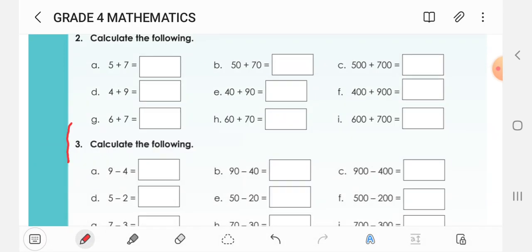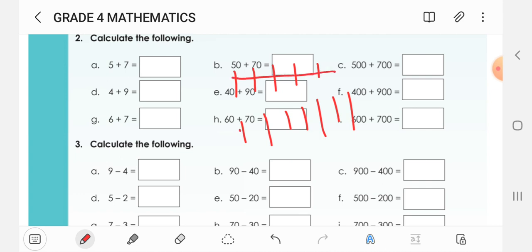And now we are going to check how to add and subtract. Still on the same page 32. So we have 5 plus 7. How much, guys, is 5 plus 7? So what you do, you say 1, 2, 3, 4, 5. 1, 2, 3, 4, 5, 6, 7.